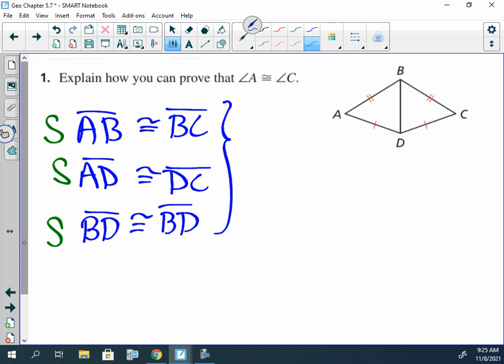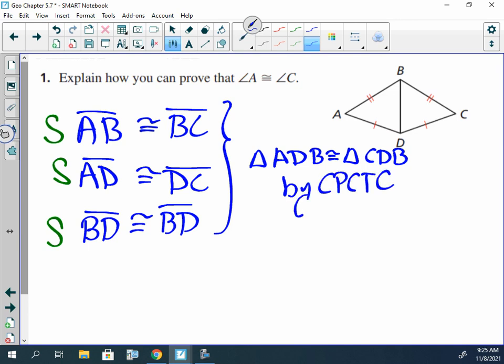So we can say that triangle ABD is congruent to triangle CBD by side side side. I'm just trying to get ahead of myself. Side side side would be the correct statement because that's how we know that the two triangles are congruent by that shortcut.